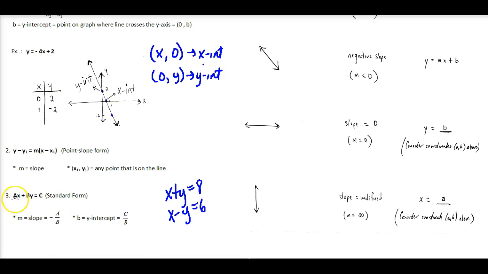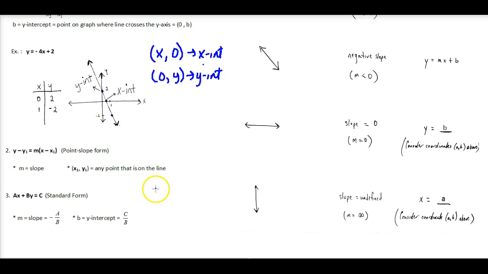The other reason or purpose of having the standard form is that it quickly allows us to find out what the x and y intercepts are for a particular line. So if we take the line that we have up here and write it in standard form, it would look as follows.